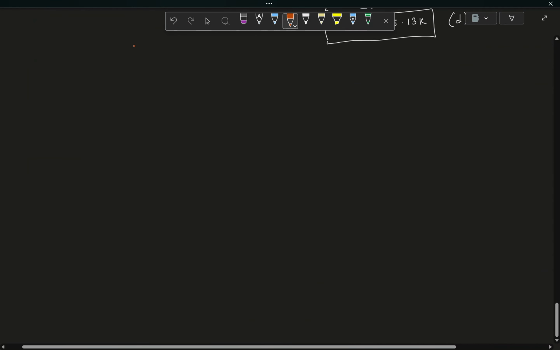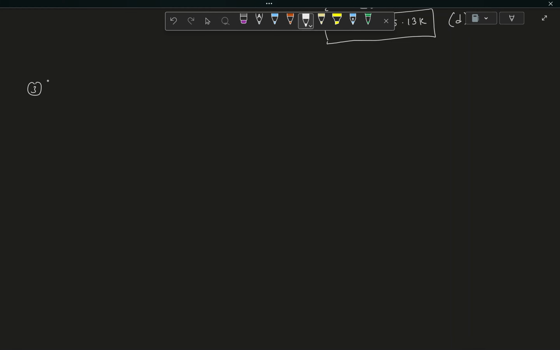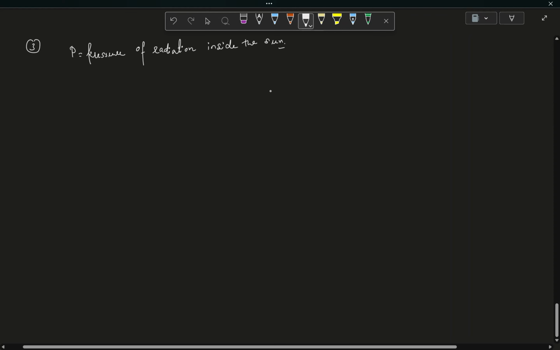So P equal to pressure, which is caused by radiation inside the sun. And this pressure value is also given as some 400 million atmosphere, right?